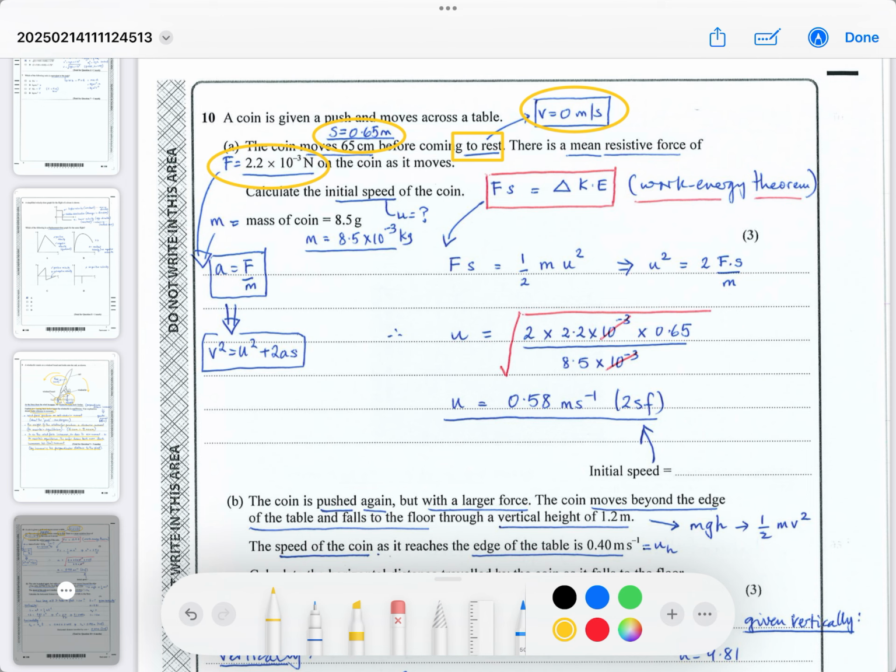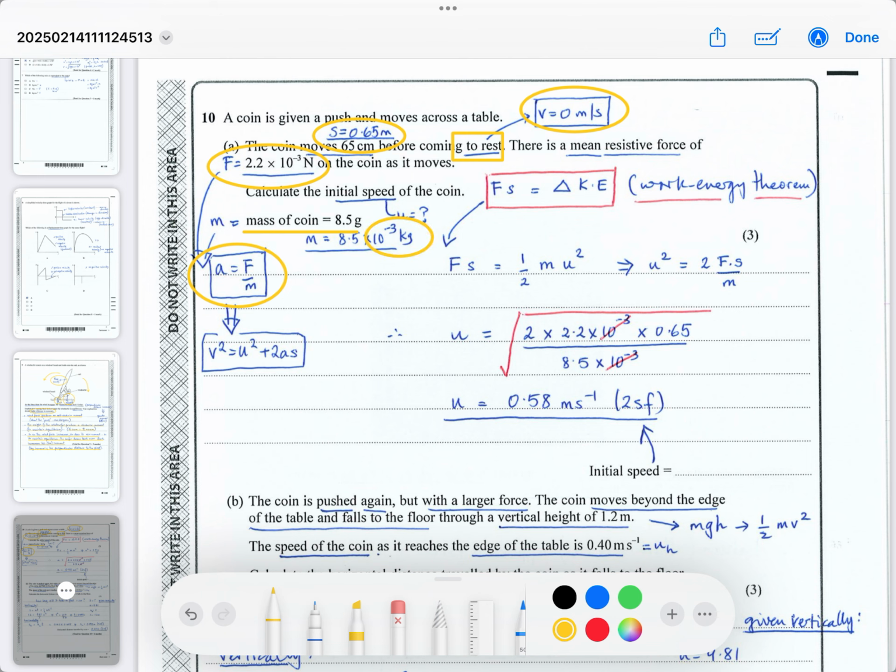So you can either work out the acceleration from the force and the mass, which is given to you. The mass is given as 8.5 grams. If you're one of my students that didn't change it into kilograms, 10 to the minus 3 kilograms, you will lose some of these marks.